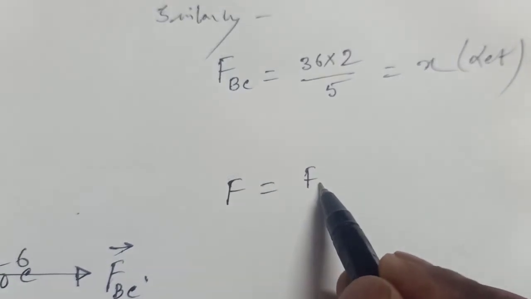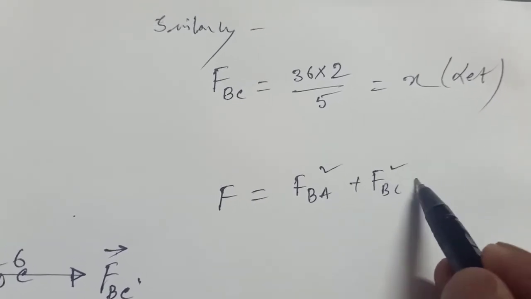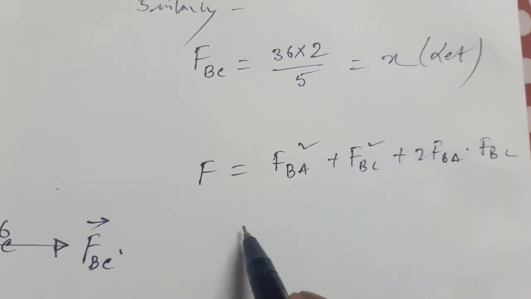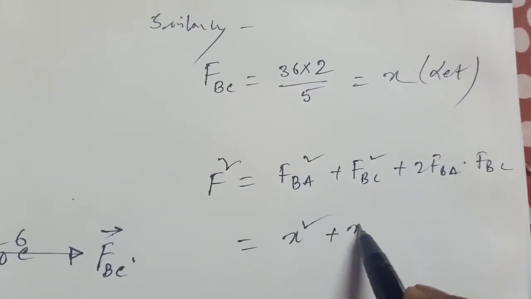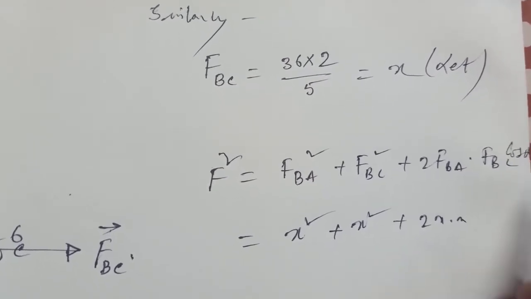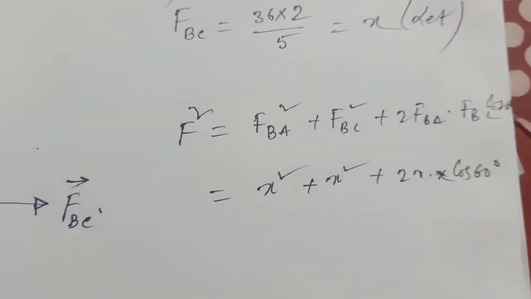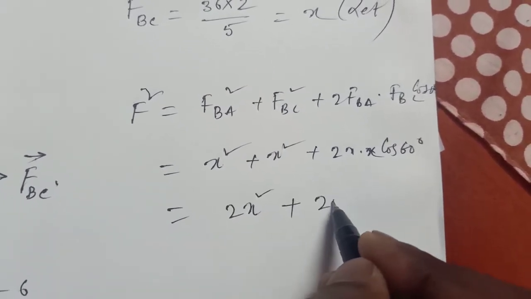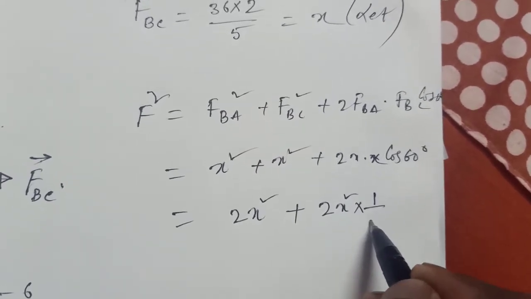the square root of F_BA whole square plus F_BC whole square plus 2 F_BA into F_BC cos theta. So x square plus x square plus 2 into x into x into cos theta. Here theta is 60 degrees. So 2x square plus 2x square into cos 60, that is 1 by 2.